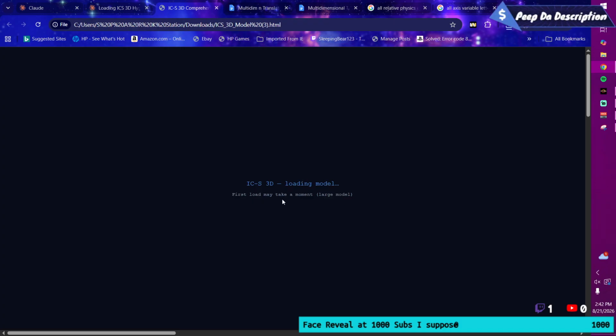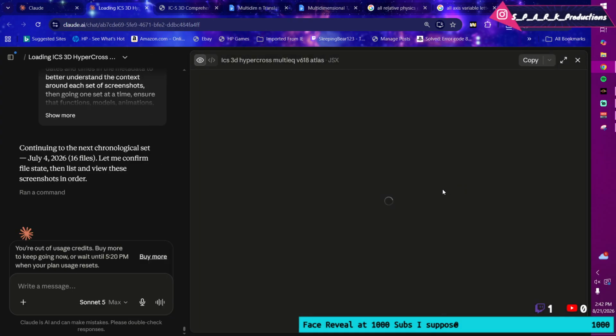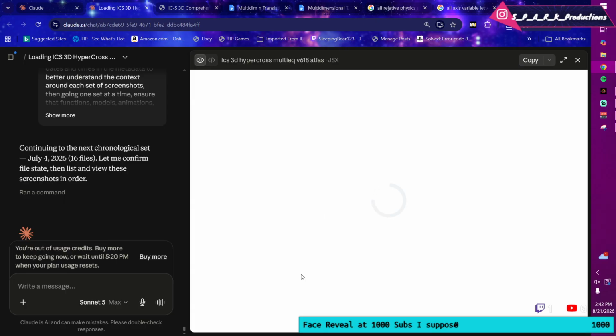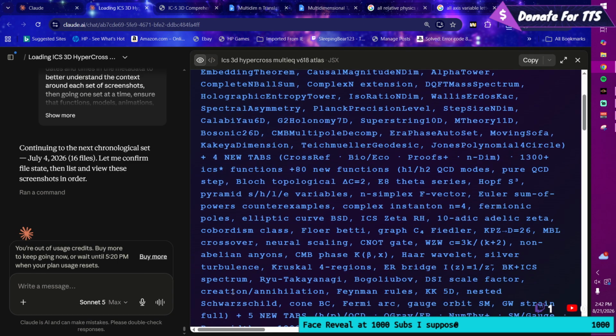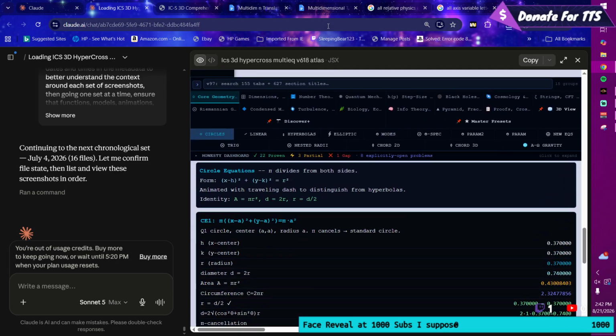I like that it says first load may take a moment. Make sure this is not an error. Could be an error. No, not an error. Alright, it loads on the JavaScript, it's just the HTML is being lame.